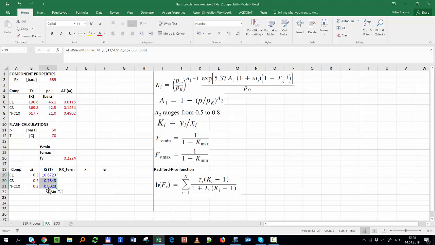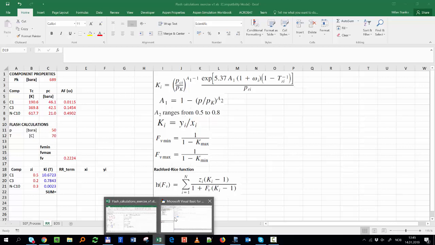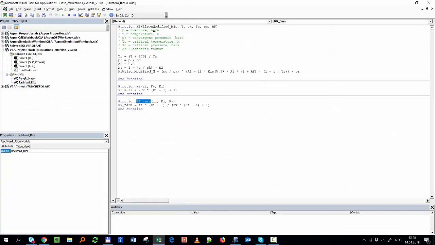Next, what do we do? We have to use that equation, right? We have to sum that term for every component. Okay, so let's see. I think I have this equation here. Let's check the units. The units have to be in bar for pressure and Kelvin for temperature. Do we have the critical temperature in Kelvin?